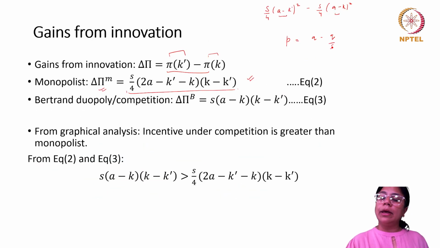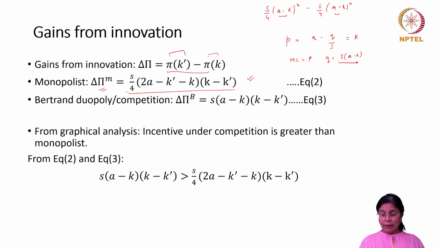Now in a competitive situation, marginal cost will equal your price, so we equate this to k. Then what would be your q in this case? You can find very clearly your q will be equal to s into a minus k.